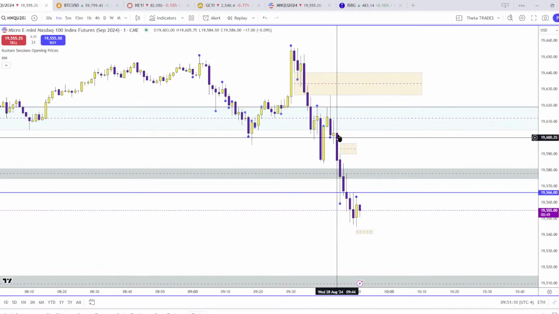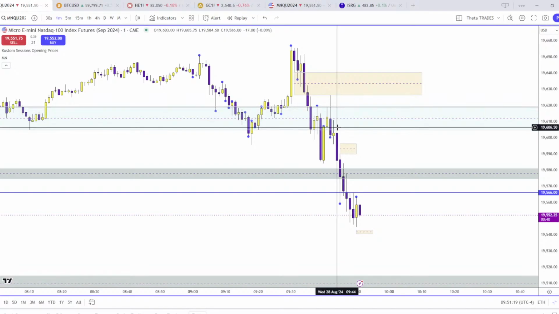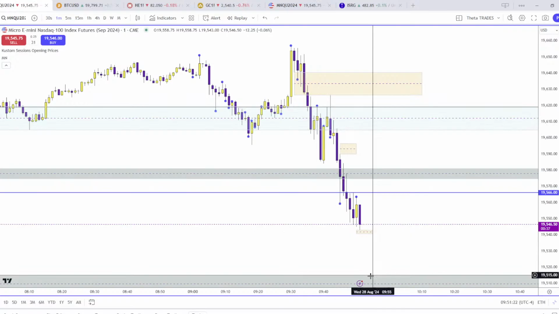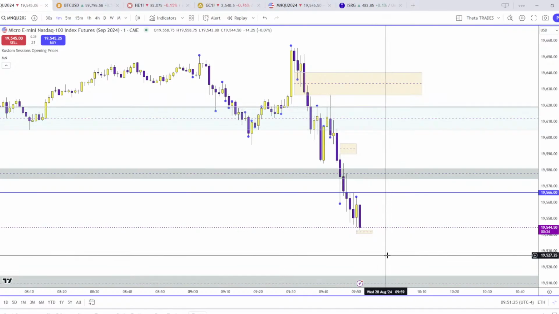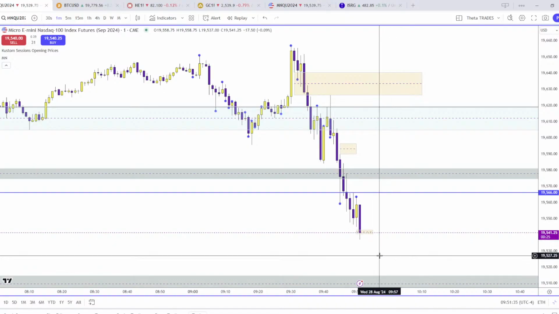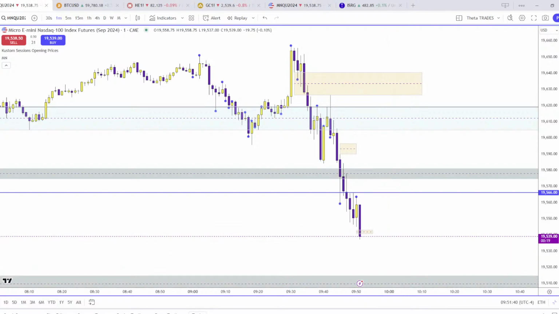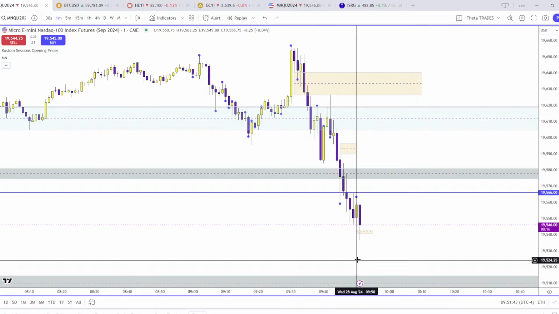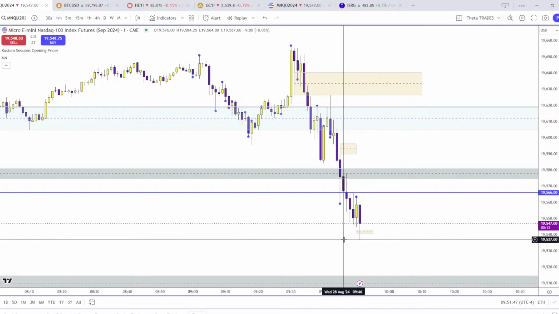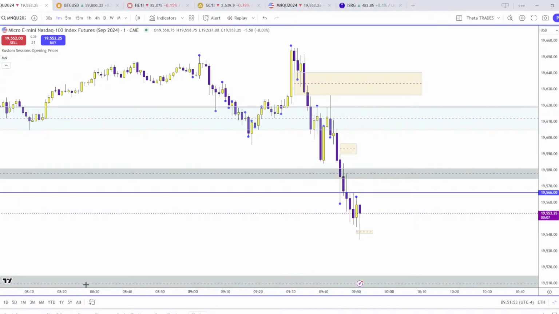You're already 80 handles into this, 70 handles into this. That's the imbalance taken care of.